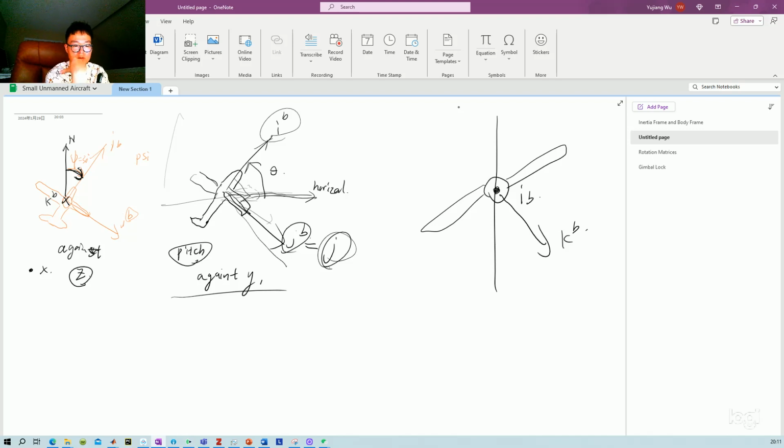It will be the left wing here, which is your jB. So this is defined as, again, a right-handed rotation across the x-axis.